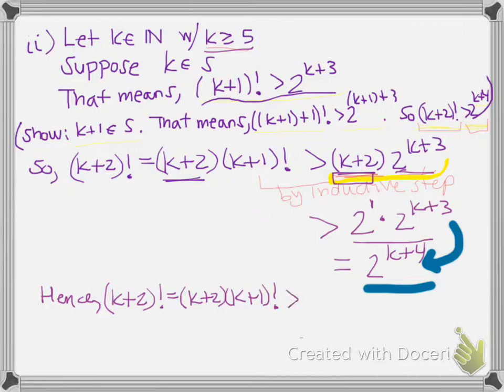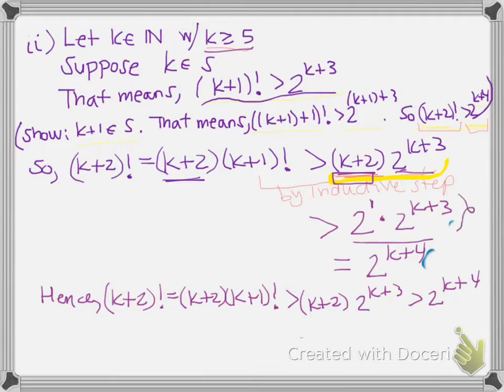But that's greater than k plus 2 times 2 to the k plus 3, and that's going to be greater than 2 to the k plus 4. Okay, so that's what we're saying. I sort of skipped this middle step there, but I wanted you to see that step.